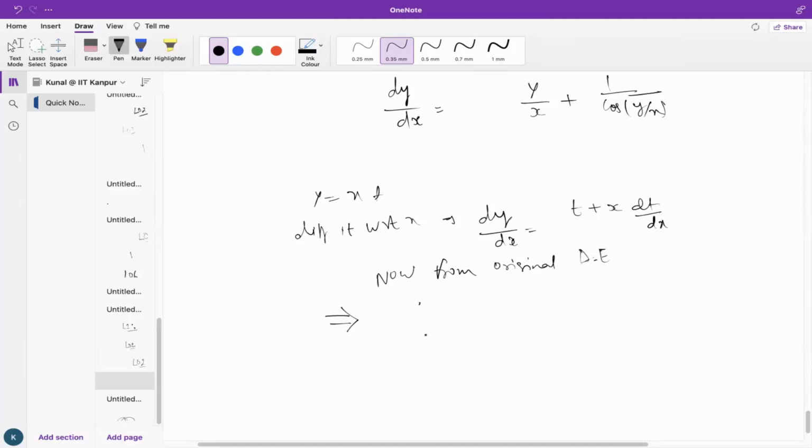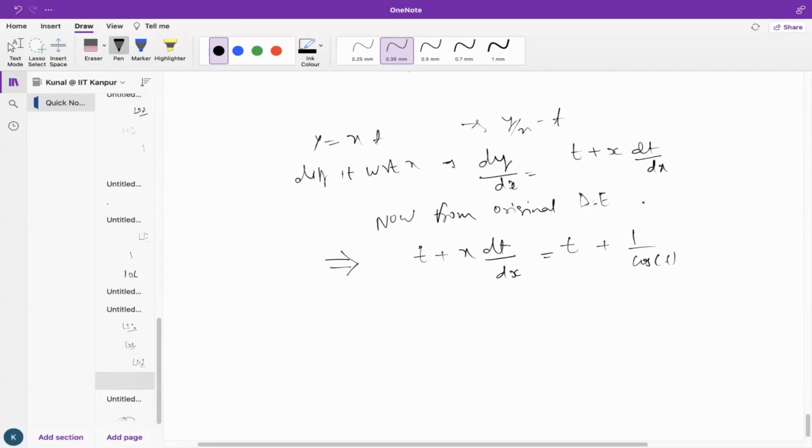So we'll get t plus x dt by dx is equal to, substituting y by x is equal to t here, t plus 1 by cos t. We can write it as sec t, but okay, let's go to the above equation. So this and this get cancelled, and then we'll get x dt by dx is equal to 1 by cos t.